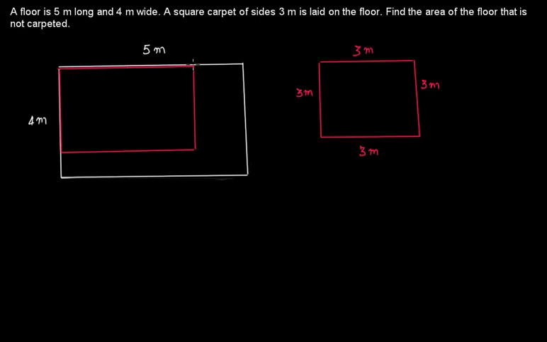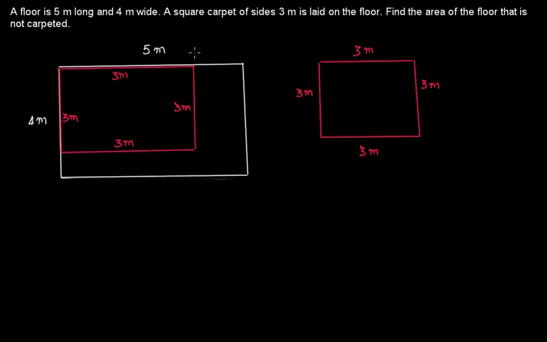Fine. Now you can clearly see that this is 3 meter, this is 3 meter, this is 3 meter, and this is 3 meter. You can see that we cannot place another square carpet here. Why? Because there is no space left for another square carpet.